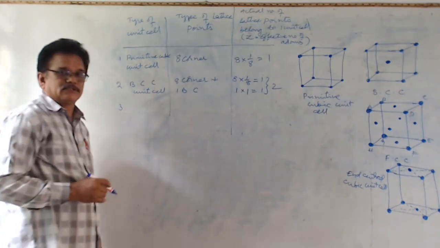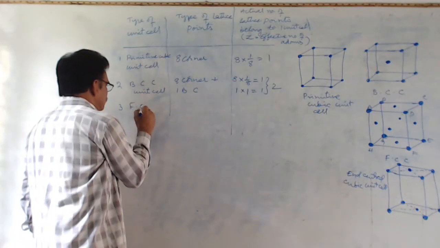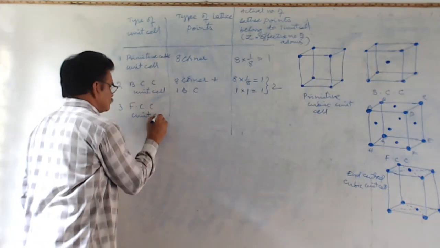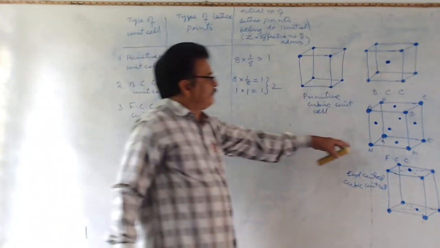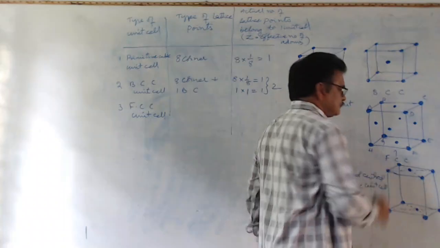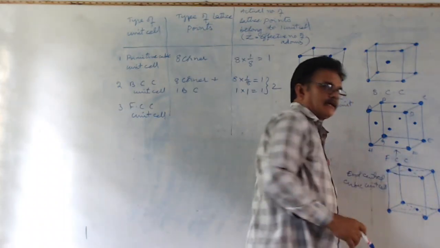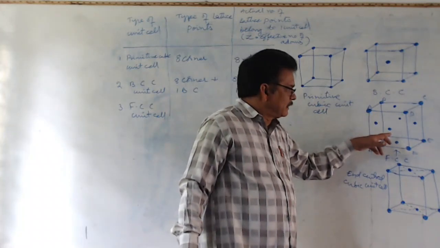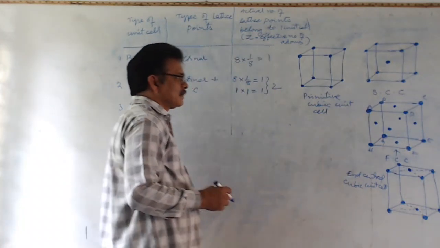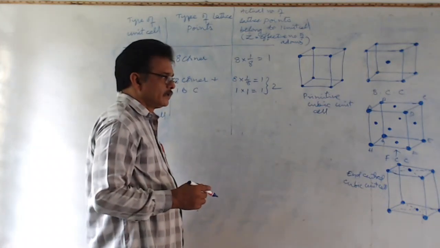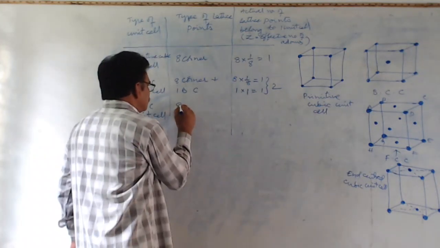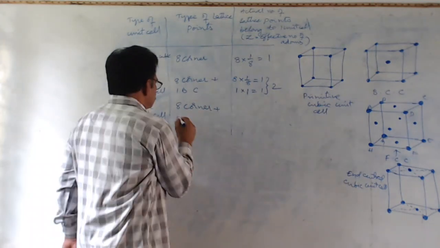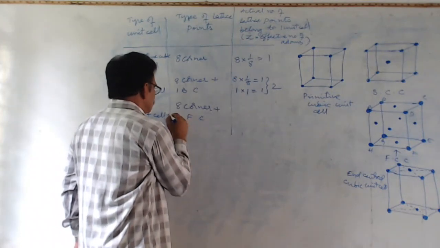Next, the third one, FCC unit cell, face-centered cubic unit cell. In a face-centered cubic cell, which types of lattice points are there? Corner and face center. How many corners are present for a cube? 8 corners. So 8 corner points plus 6 faces, so 6 face centered points.